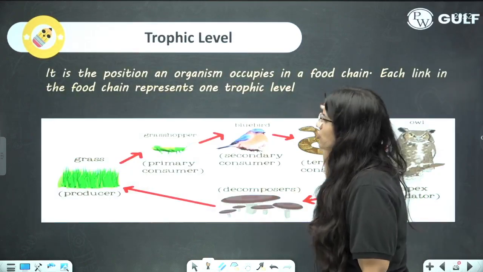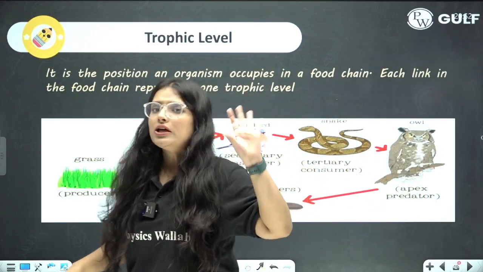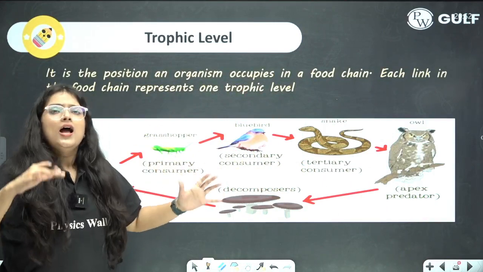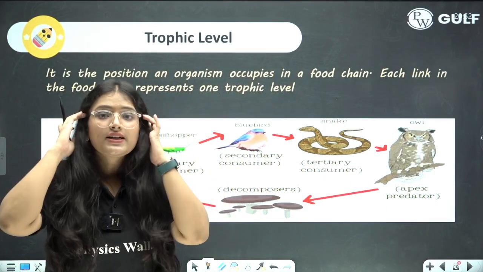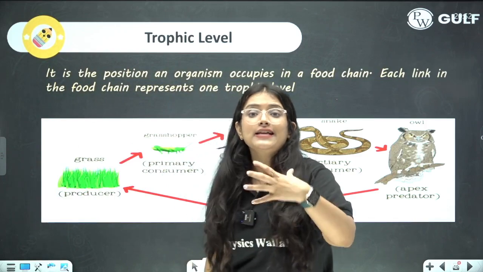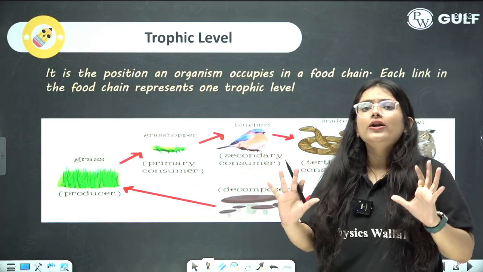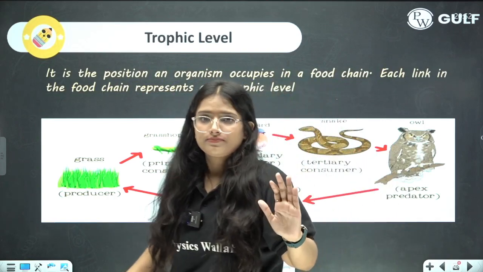Now let's focus on this one single food chain. In a linear sequence of a food chain, there are a lot of organisms that undergo nutrient cycling. When we are talking about this nutrient cycling, each organism occupies its own position.